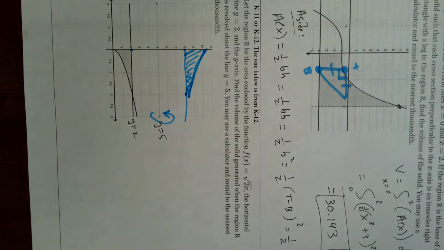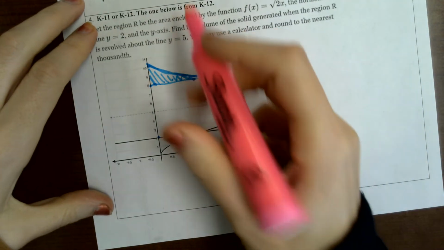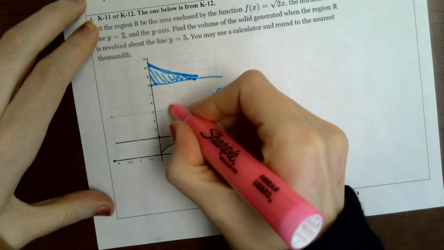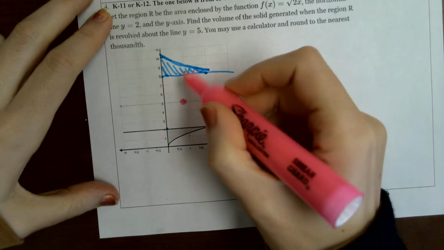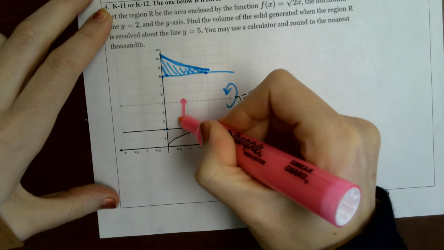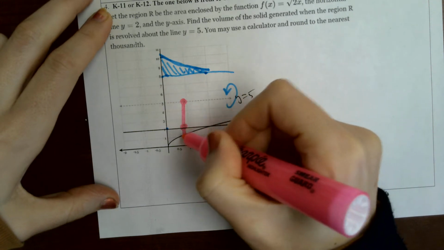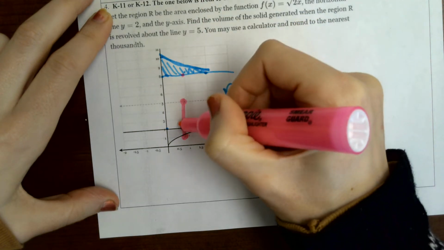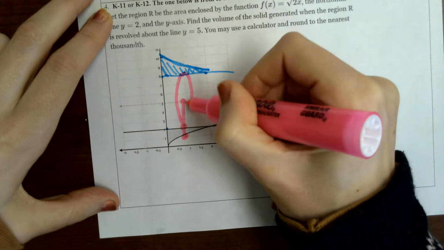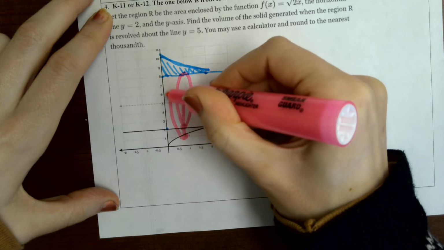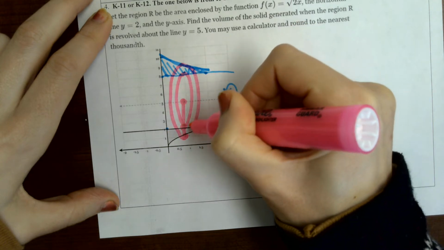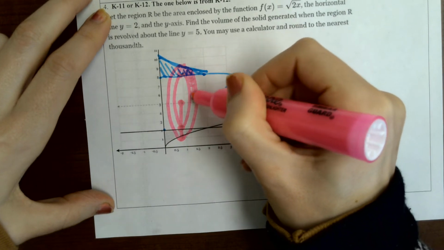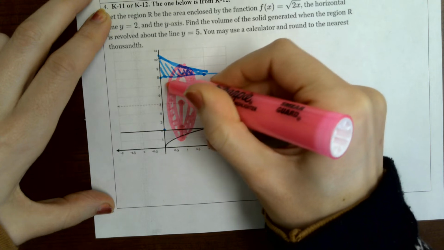But this is actually like a 3D shape. So when you're doing this rotation, this is going to be a washer, not a disc. Okay, so it's going to be like a donut, every cross section.